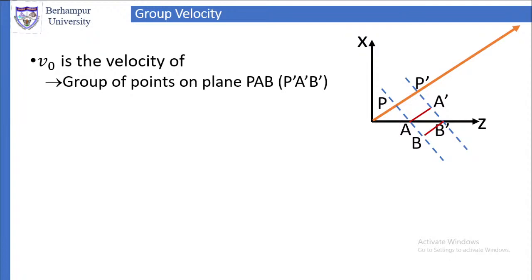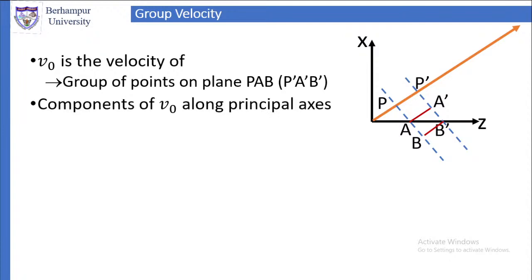So the group of points on the plane that contains the electric field and the magnetic field moves with the intrinsic velocity V0. Now this intrinsic velocity V0 will have components along the principal axes x, y, z. How to find out what the components will be? If it is propagating with velocity V0, then its direction will be along the direction of propagation of the wave.